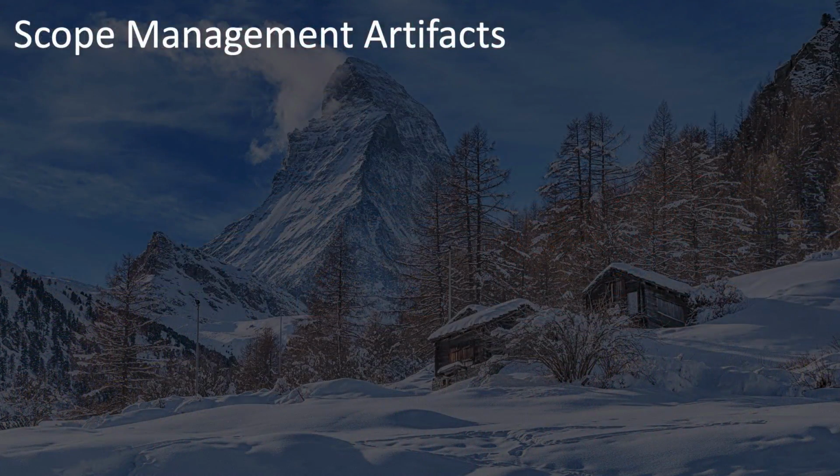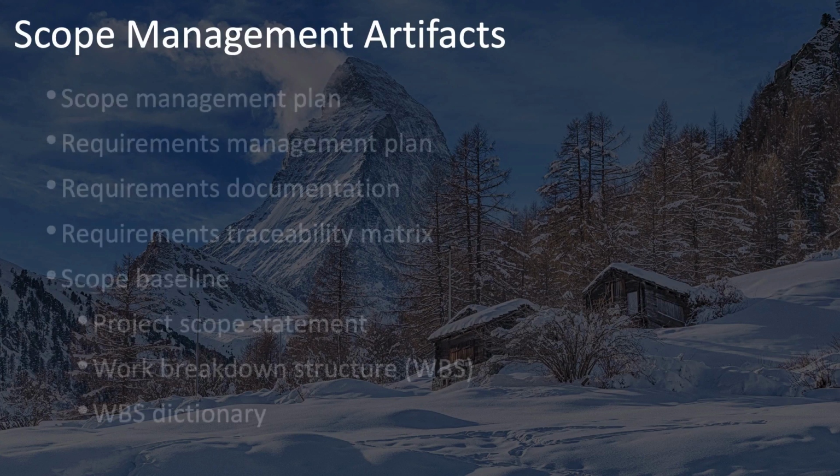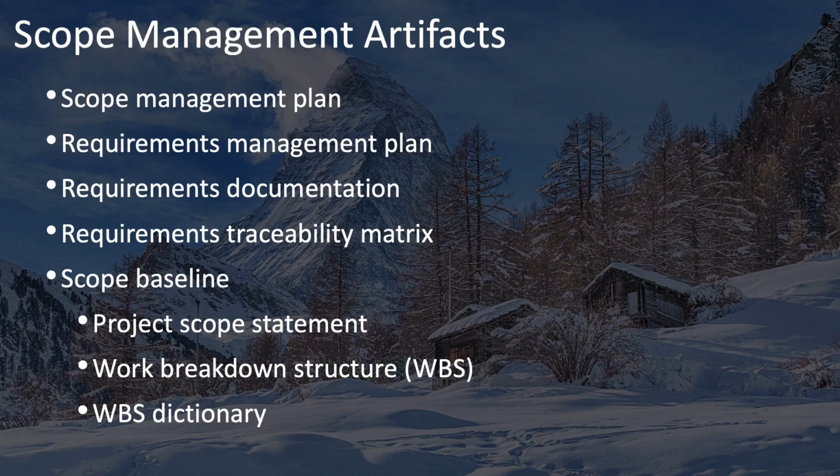Now let's take a look at the scope management knowledge area. Try and list out all of the scope management documents and artifacts that you can remember. And here's the list. You have the scope management plan and the requirements management plan.